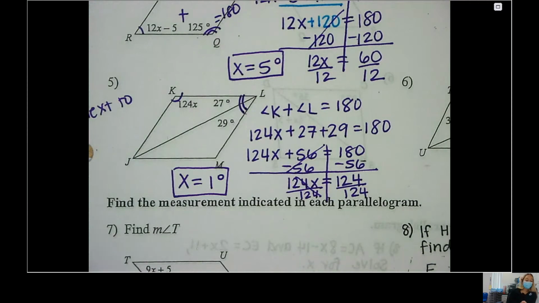All right, I would like you to try number 4 and number 6. And then we're going to have 2 people come up to the board and actually show us their work for it. Okay, so try number 4 and number 6.